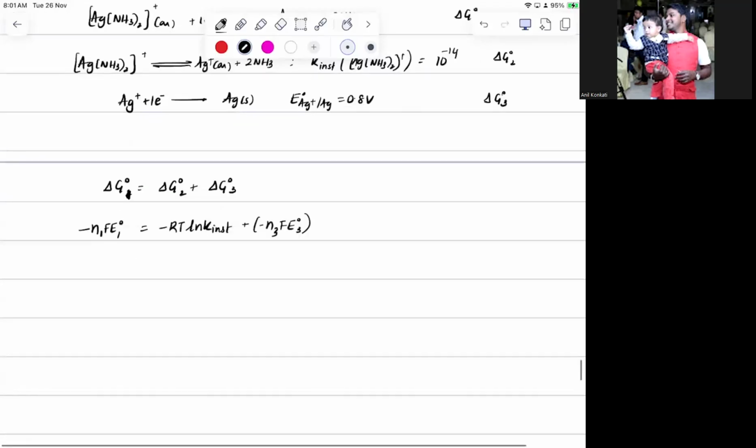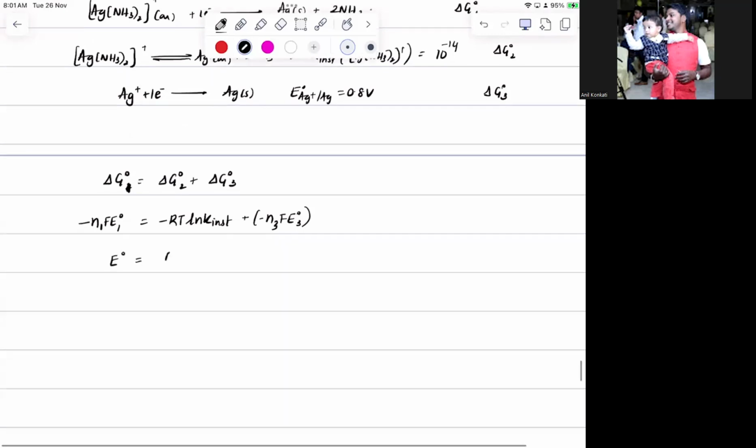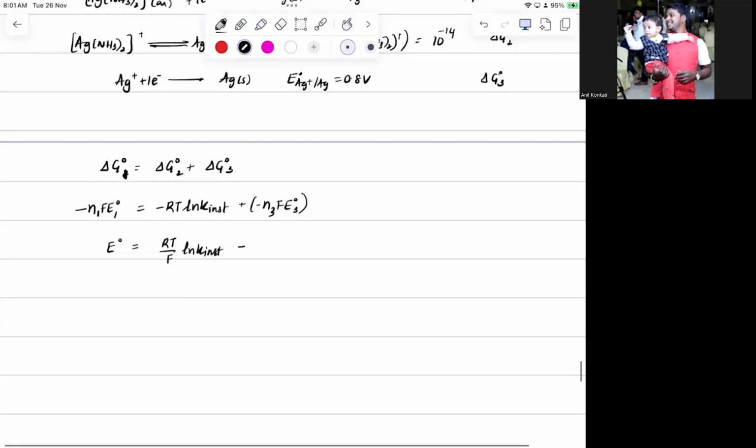N1 is 1, so E naught 1 is equal to RT by F ln K instability plus, the minus is gone. N3 is also 1, F is gone, and into E naught 3. This is E naught 1 and that is E naught 3.